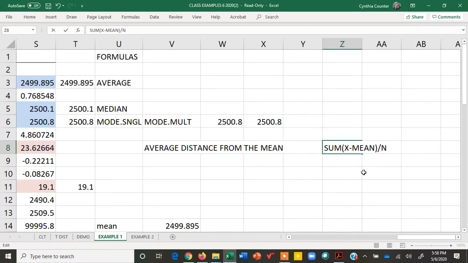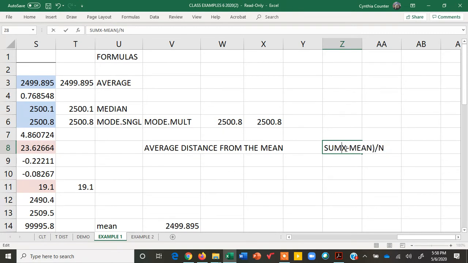You won't zero out on sample data because you're not going to have perfect symmetry, but it won't give you a good measure because you will be canceling some things out, and it'll show something much smaller than you really want to look at. Okay, so if we can't do just that, we need to figure out how to make x minus mean always positive.